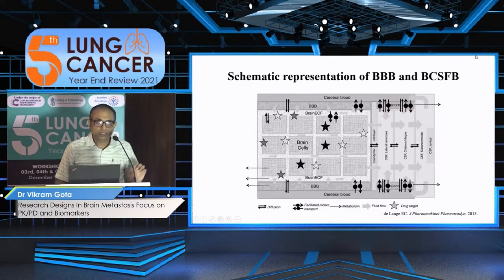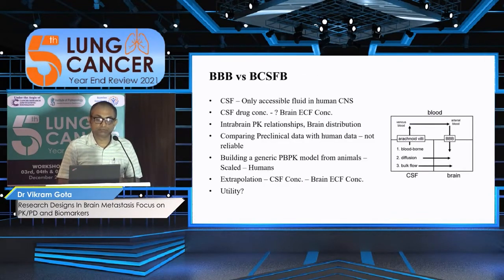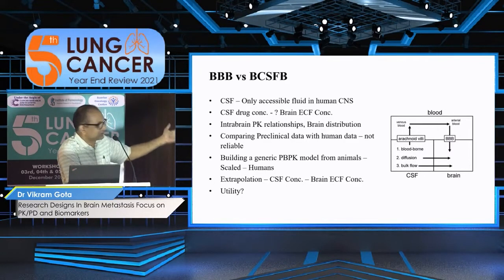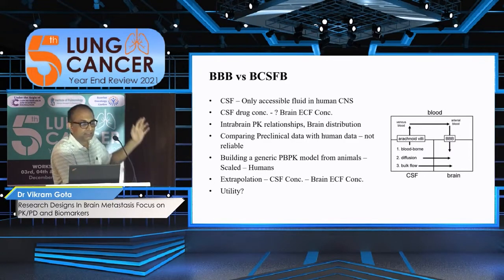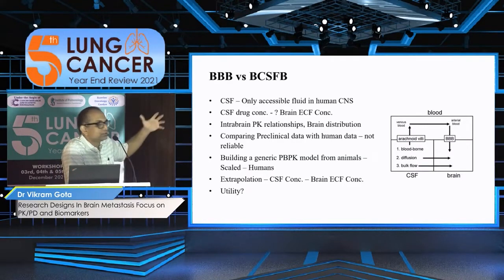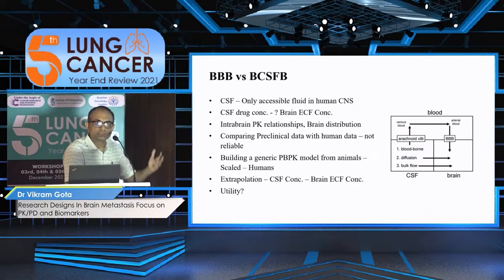But this is just to tell you that we must be a little careful while interpreting the CSF concentrations. And just what I spoke about in the previous slide: whether the CSF concentration is the same as the blood concentration, and how the brain distribution differs from the CSF distribution, and why we should do PKPD studies.